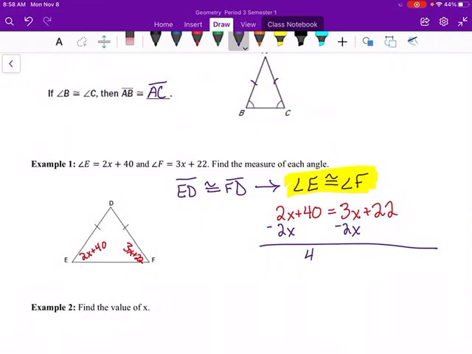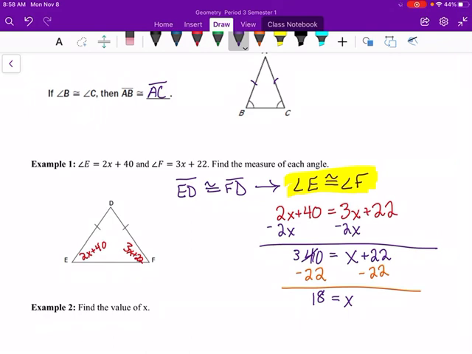And then we are left with 40 equals x plus 22. Then to get x by itself, we're going to subtract 22 on both sides. When we do that, we are left with x equals 18.